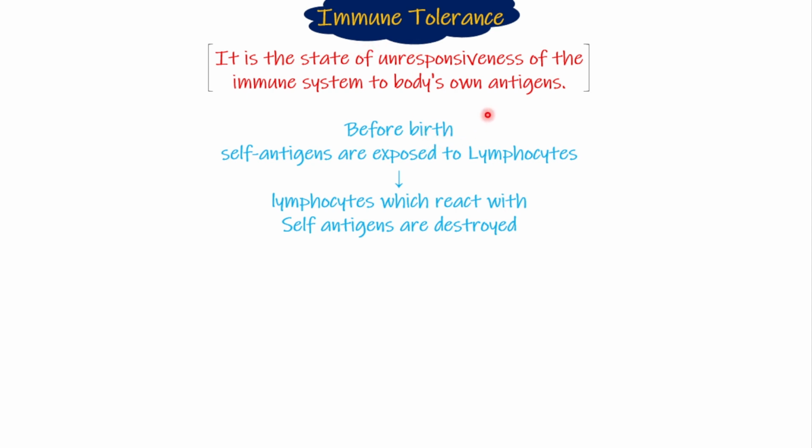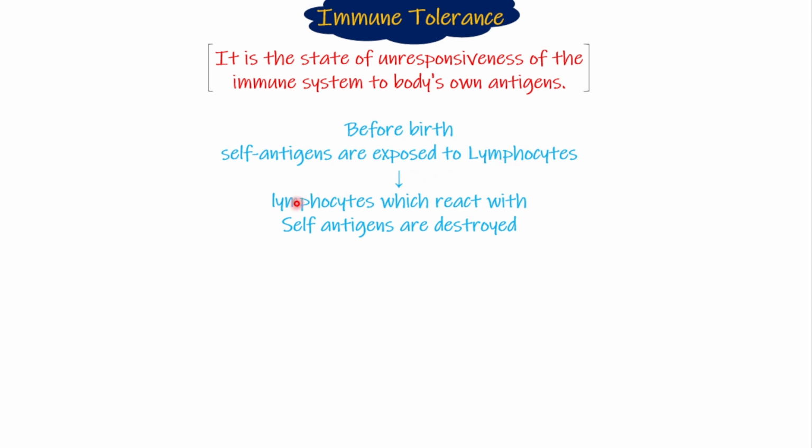We have studied the concept of pre-processing while studying the humoral and cell-mediated immunity. So what was happening in the pre-processing? Before birth, self-antigens are exposed to the lymphocytes.